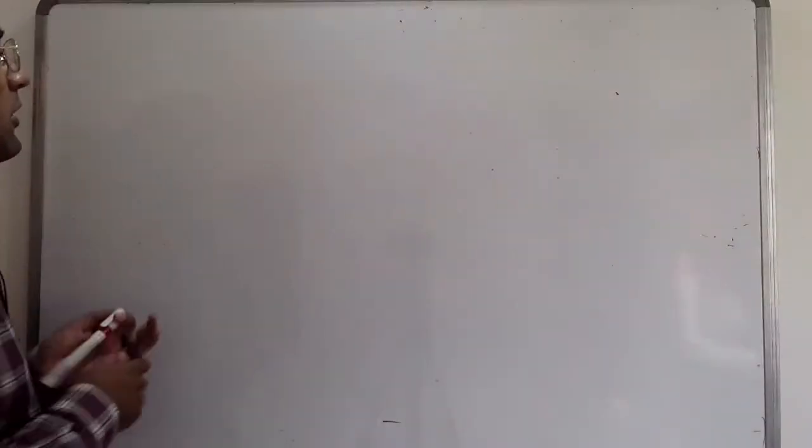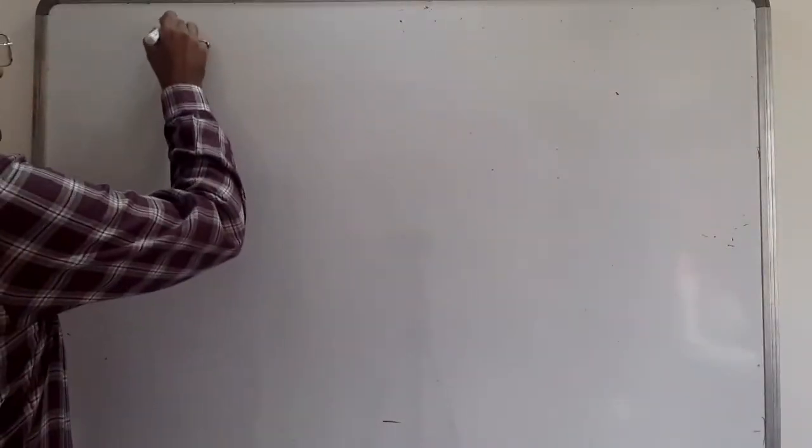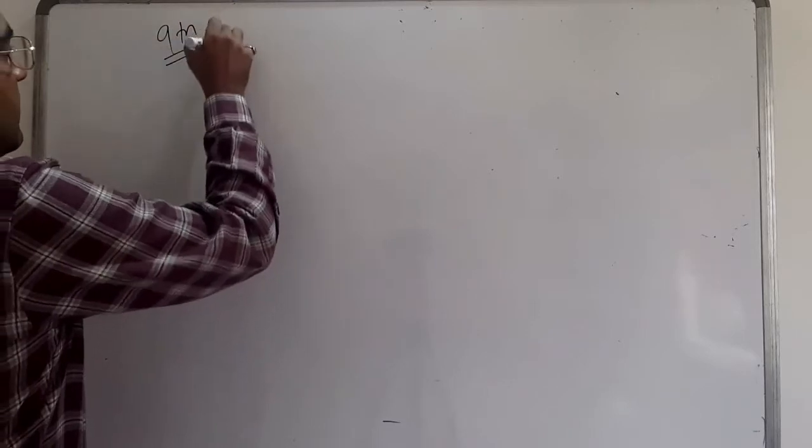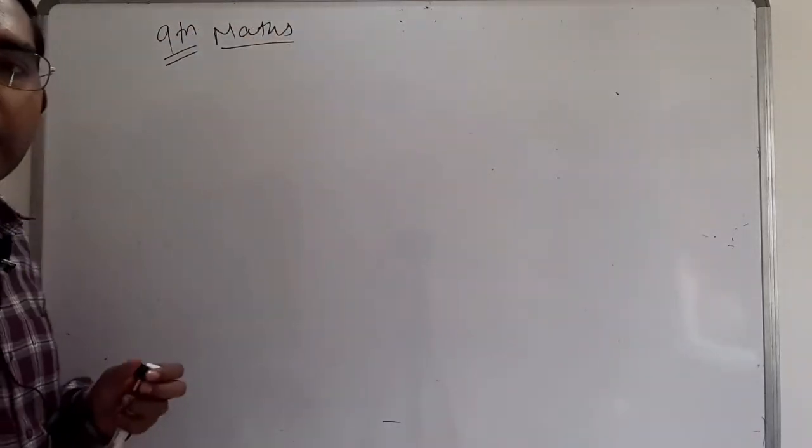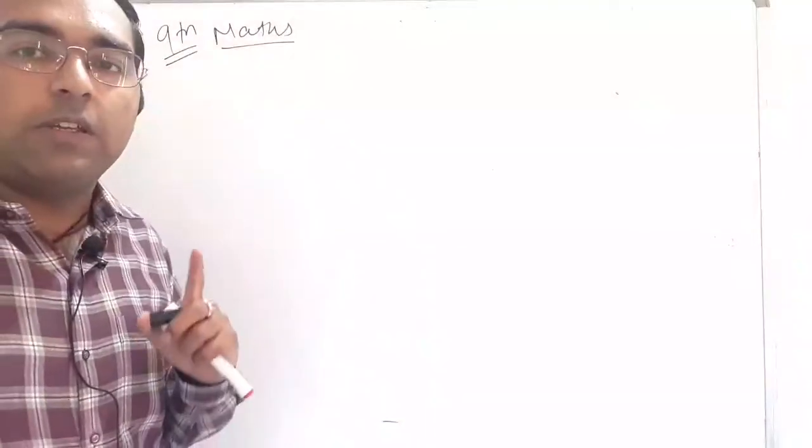Okay, so let's start about the surface area and volume. Today we have to learn about standard 9 mathematics, and today's topic is surface area and volume of the cylinder.